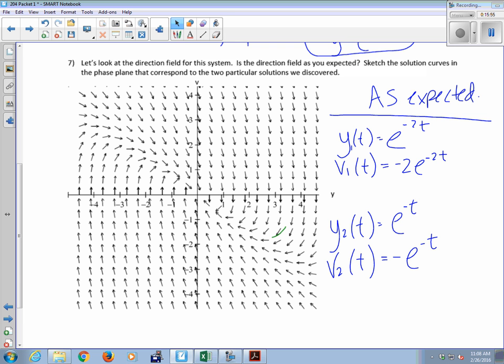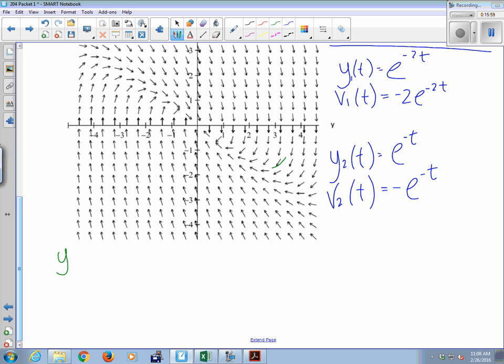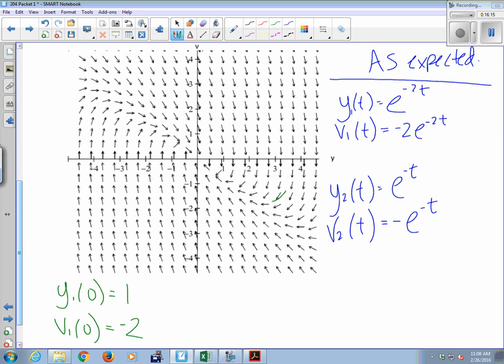So let's look at y1 of 0 and v1 of 0. If I plug 0 into y1, I get 1. v1 of 0, I get negative 2. So at time 0, I'm starting with a displacement of moving the spring 1 to the right and giving it an initial velocity of negative 2.